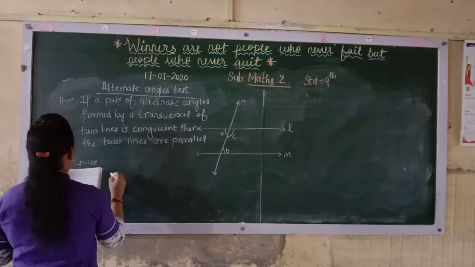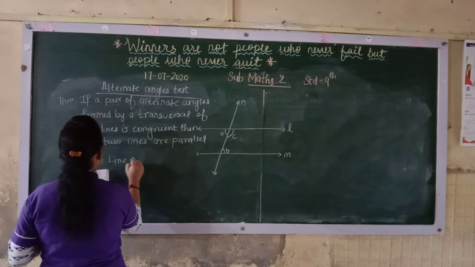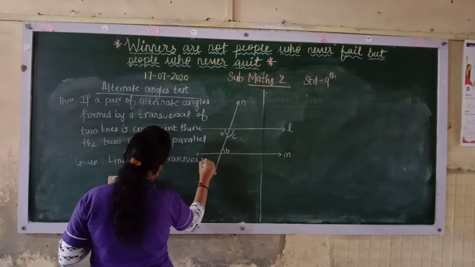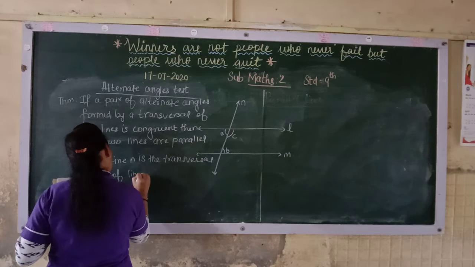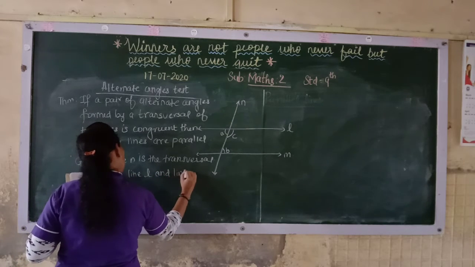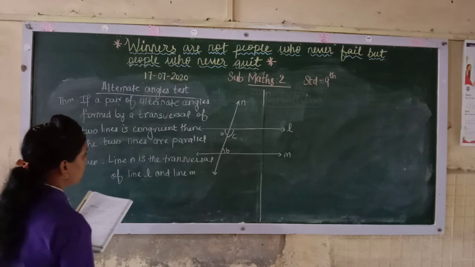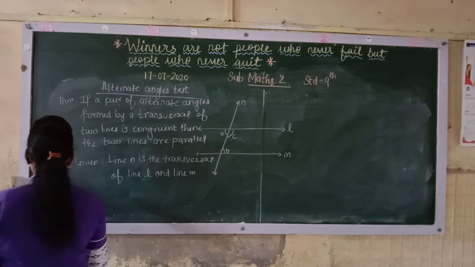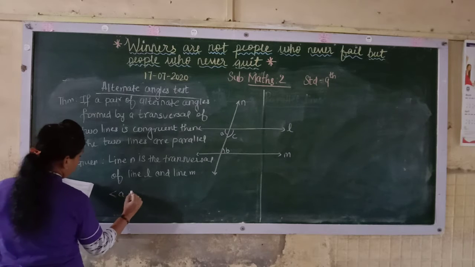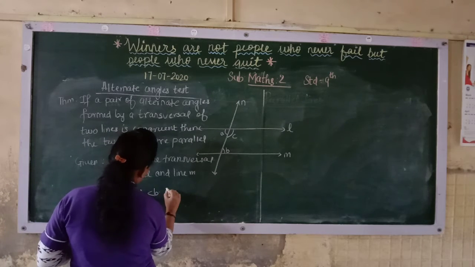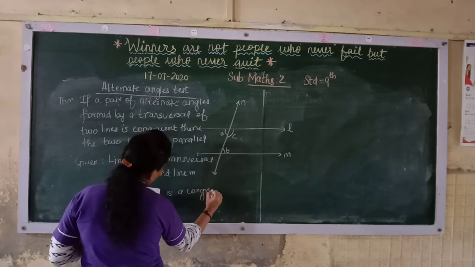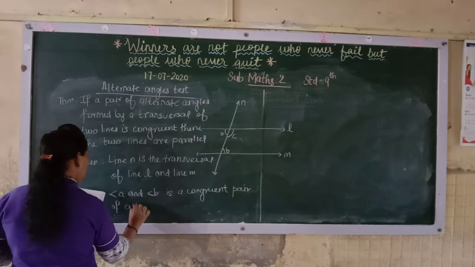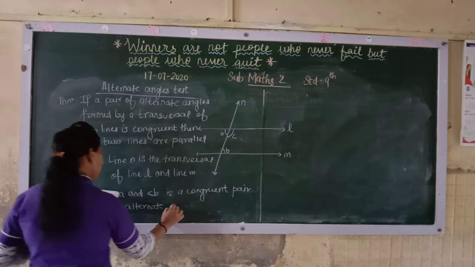Line N is the transversal of line L and line M, and angle A and angle B is a congruent pair of alternate angles.